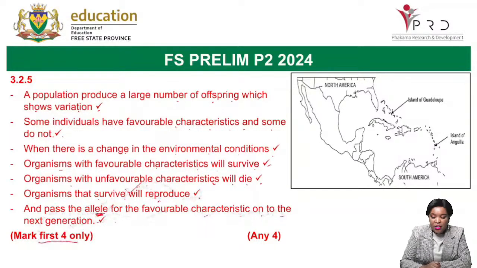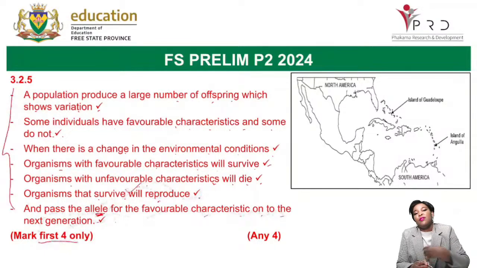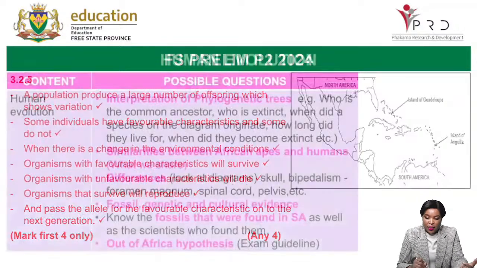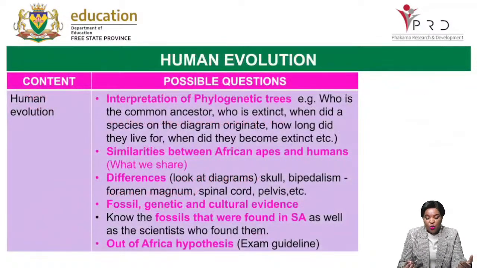So mark the first 4 only. Make sure that you get your points correctly. I know this might have tricked a lot of you, that you thought they were asking you about something that you don't know. They were actually asking you about Charles Darwin's theory of evolution. So we can say it was a higher order question for you.